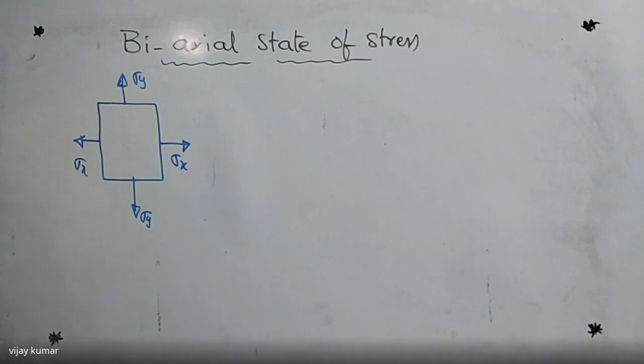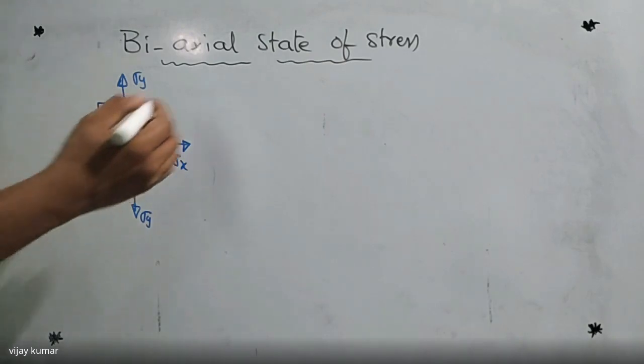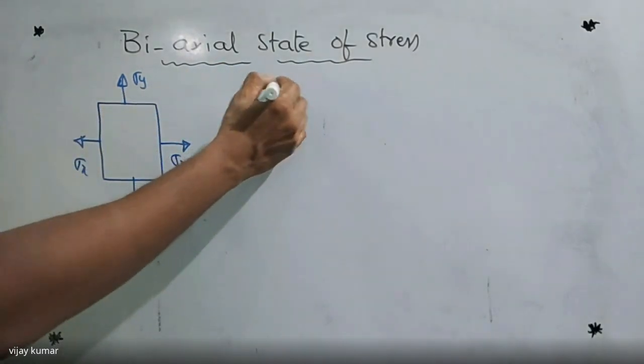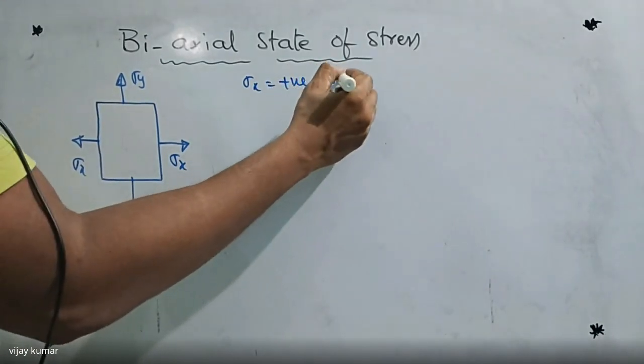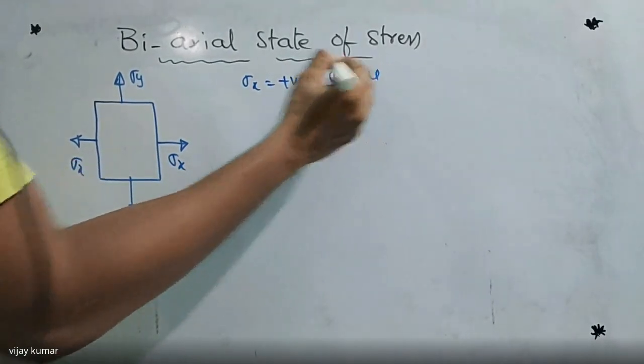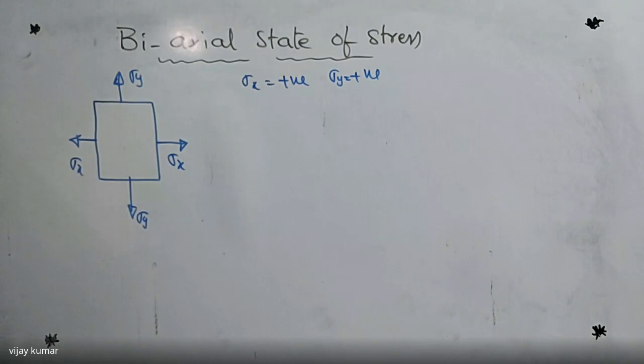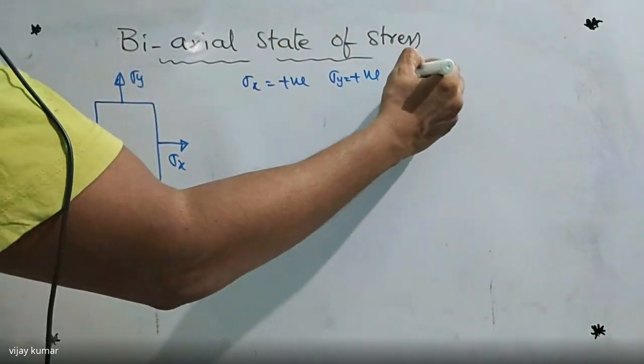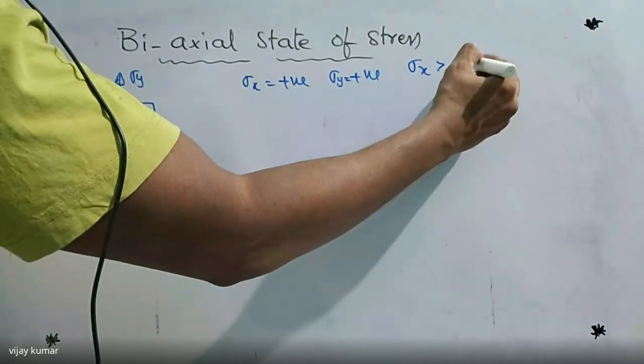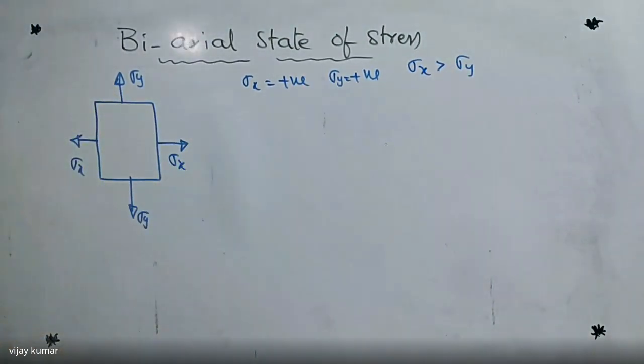In this case, sigma x is positive and sigma y is also positive, so both are tensile. Here sigma x is greater than sigma y; we can also say sigma y is greater than sigma x, as you wish. So anyone is more than the other one.